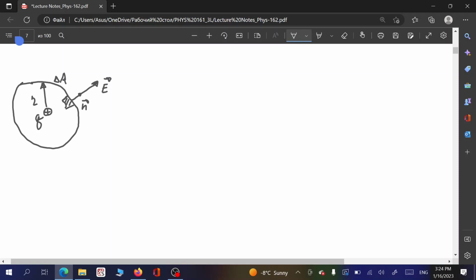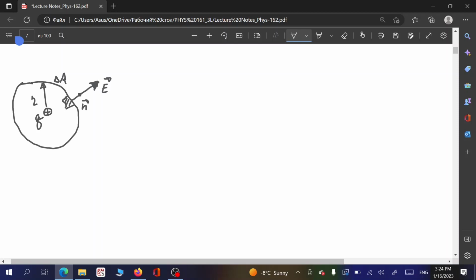So the electric field vector will be pointed away from the positive charge. It will go in this direction, and it will always be perpendicular to the surface of the sphere, taking into account the symmetry of electric field created by a point charge. That's why the unit vector of each small element which we consider on this sphere will always be parallel to the electric field vector.